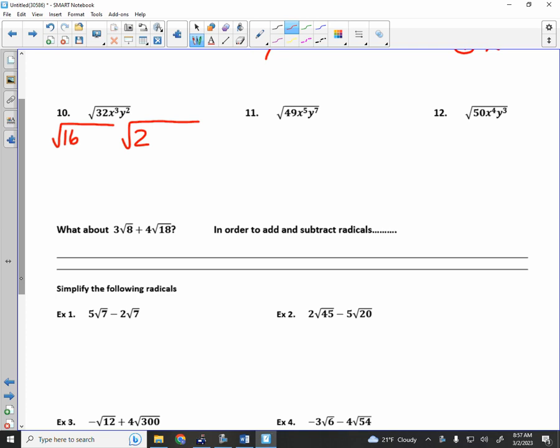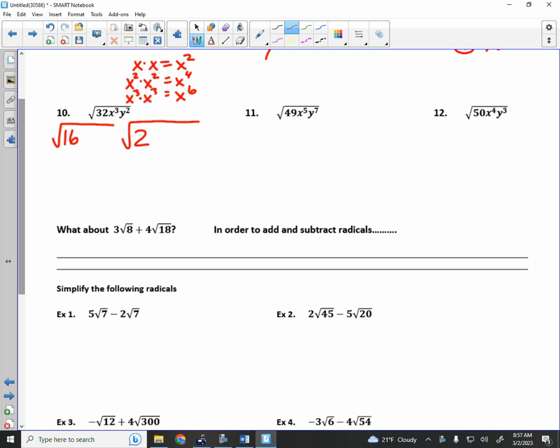Now I focus on x cubed. X cubed isn't a perfect square because x times x is x squared. And x squared times x squared, that's x to the 4th. And x cubed times x cubed, that's x to the 6th. So you see that there's nothing we multiply by itself to get x to the 3rd. So what I do is I reduce it to one that is a perfect square.